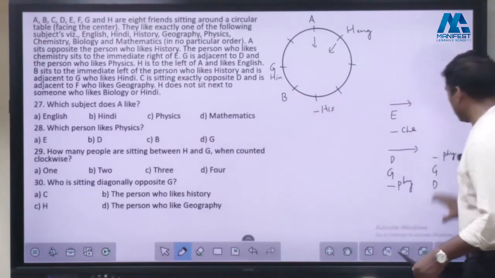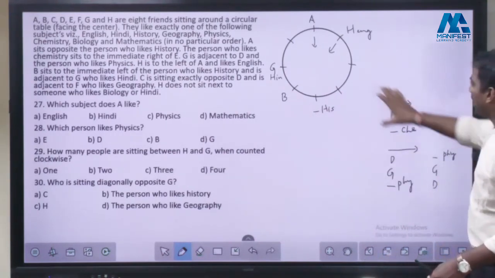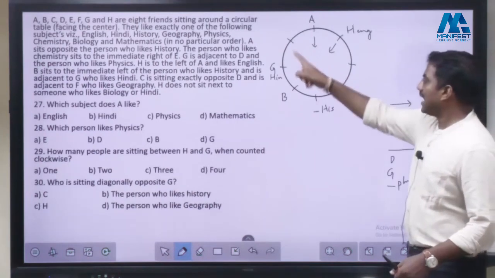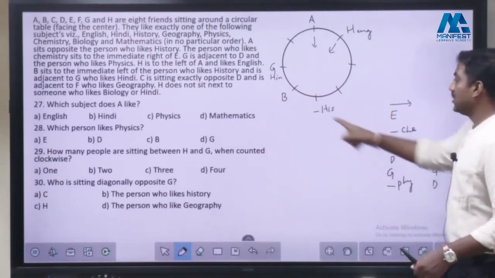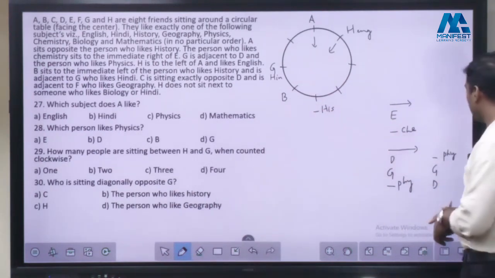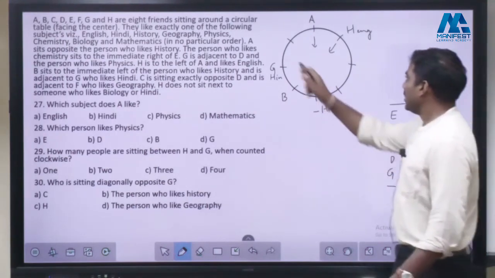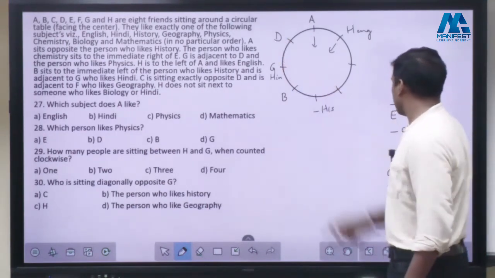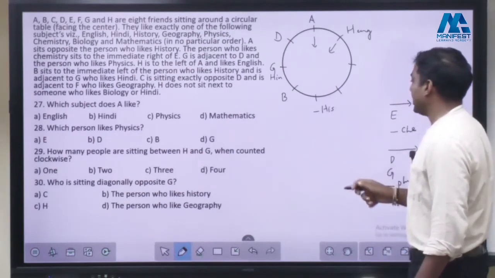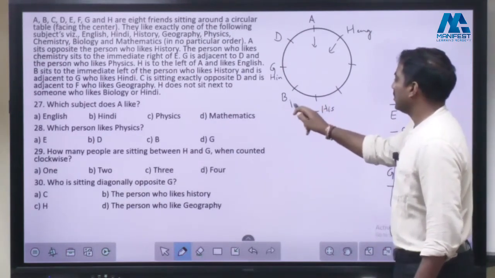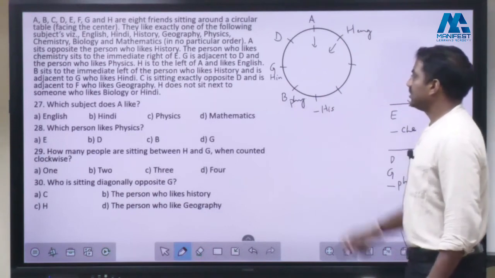Yes, that is one option. Can I take and put here? This person likes physics, but this place is already taken by B. So I cannot take this one. So I can take this one, D here, and G here, who likes Hindi, and B likes physics.